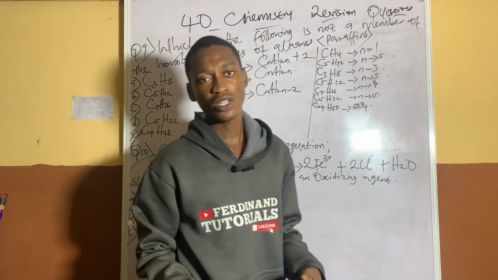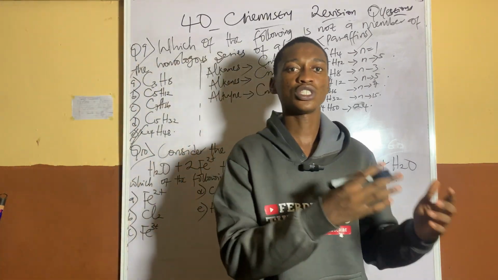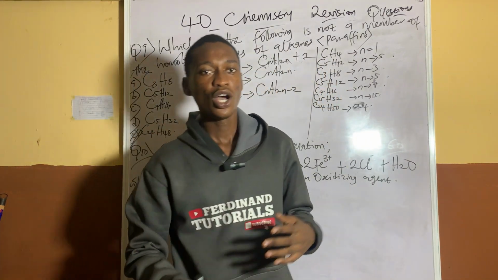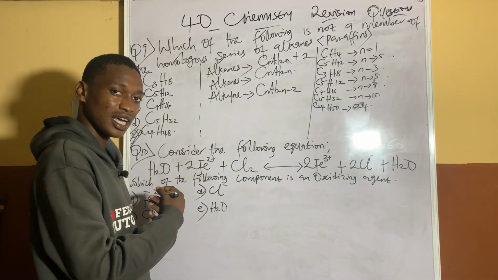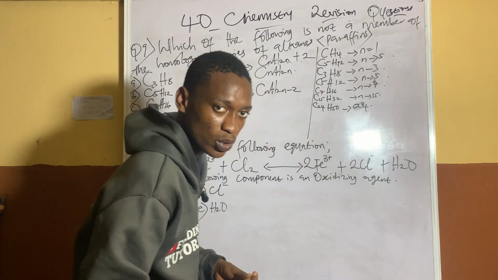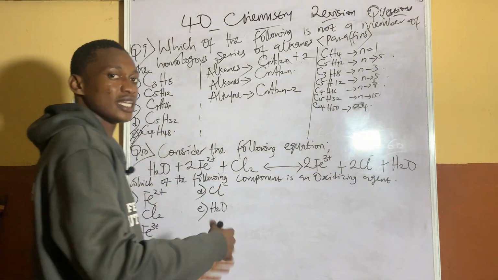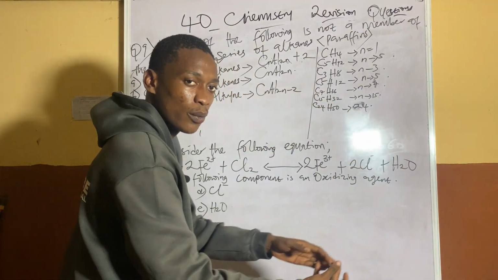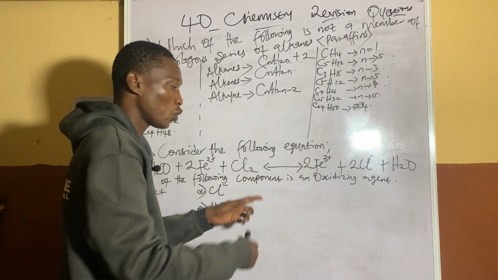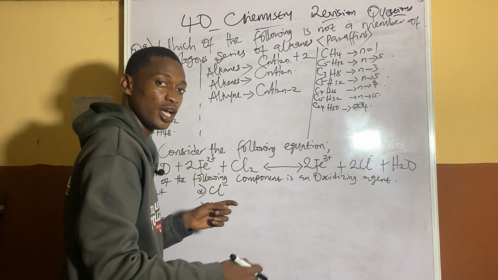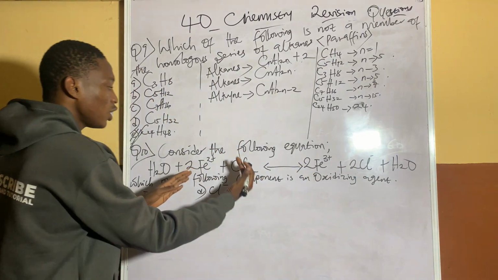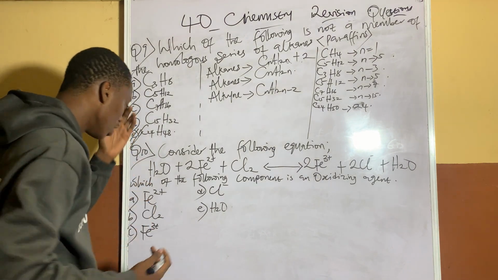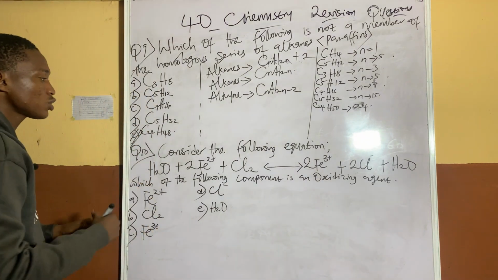I usually tell my students that when we're solving oxidizing agent and reducing agent questions, both are seen at the reactant side, not at the product side. Even though this is a forward and backward reaction, as you can see from the arrow, we look at the reactant.